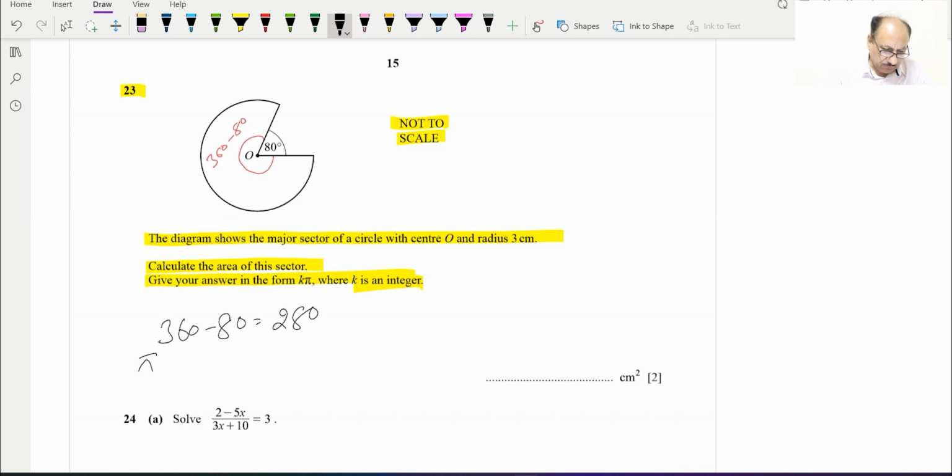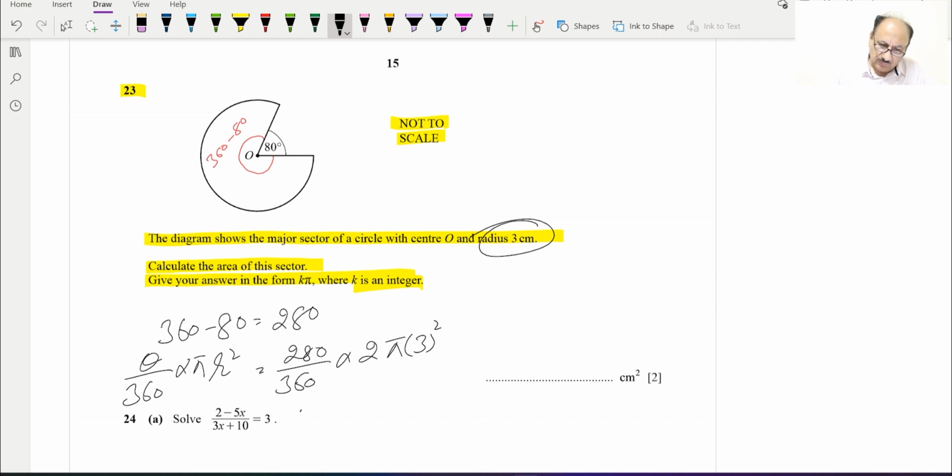So now we need to find the area. The formula is theta over 360 into pi r squared, and theta is 280. So 280 over 360 into pi, and the radius is 3, they have given over here. So r squared will be 3 squared. So we can solve here.